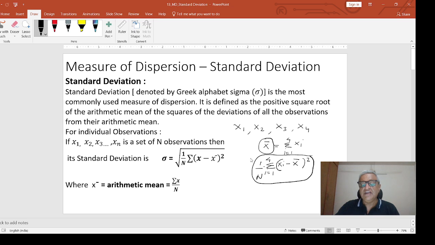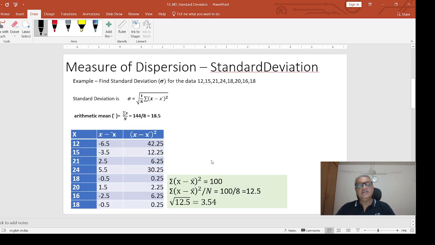And when I take the square root of this, that is nothing but my sigma. So this is how I have formulated the formula mentioned here, and it would be better understood when I demonstrate it through an example. On the next slide, let's go through the example.